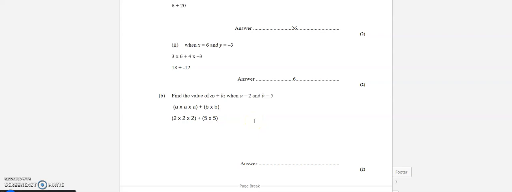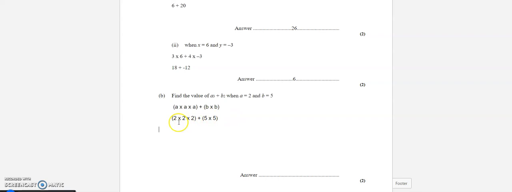Then on the next line, we're just going to do these brackets first. So 2 times 2 is 4. 4 times 2 is 8. And then we add 5 times 5, which is 25. And that will give us an answer of 33.